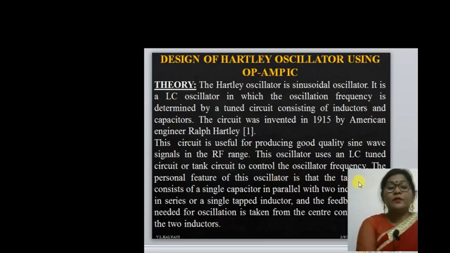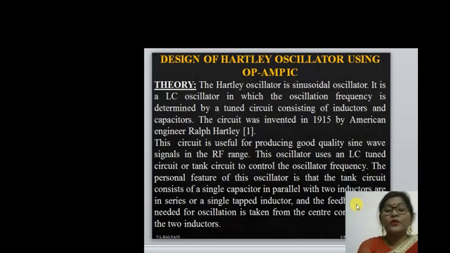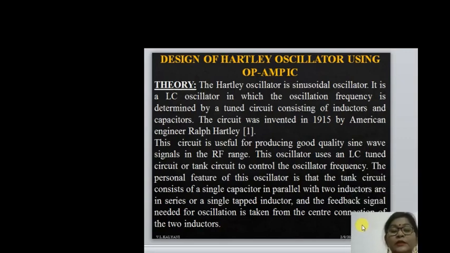The special feature of this oscillator is that the tank circuit consists of a single capacitor in parallel with two inductors in series, or a single tapped inductor, and the feedback signal needed for oscillation is taken from the center connection of the two inductors.